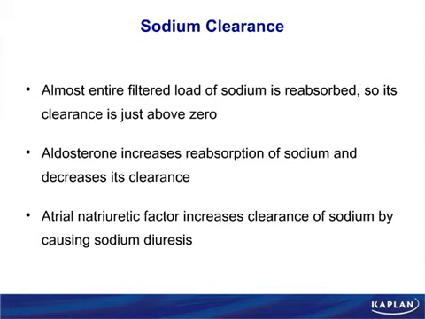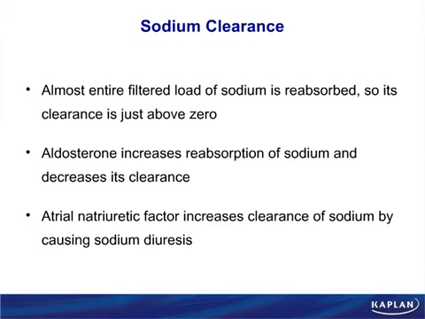It also will directly suppress renin release. Now, the net effect of ANP is to increase GFR, increase filtration of both sodium and water without reabsorbing later on in the nephron. And that will lead to both a natriuresis and a diuresis, and that will lead to loss of volume in a patient with a high volume state.